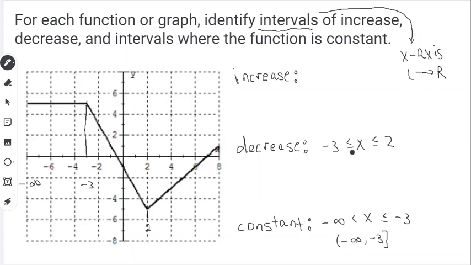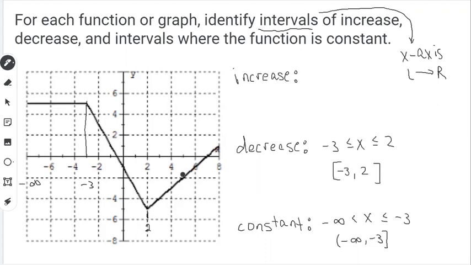It's going down. So we can write it as x is greater than or equal to -3 and also less than or equal to 2. Or we could say when x is between -3 square bracket and +2 square bracket. Okay. And that is the interval of decrease.